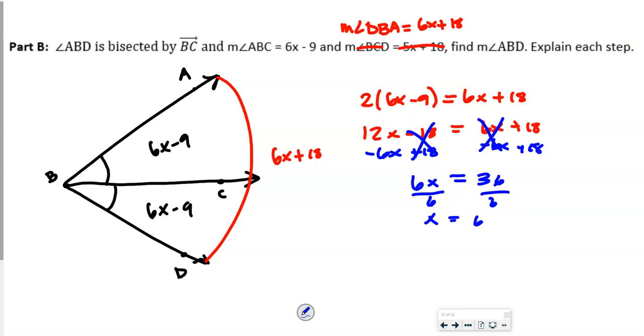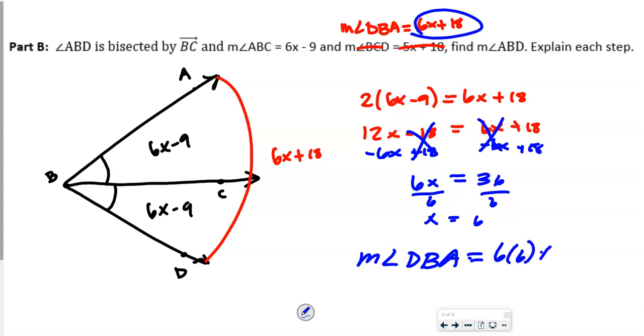Then we got to plug that back in. And then it's asking us for ABD. So we're going to plug it back into this formula. DBA and ABD are the same, right? So the measure of angle DBA is equal to 6 times 6 plus 18, that's 36 plus 18, which is 54.